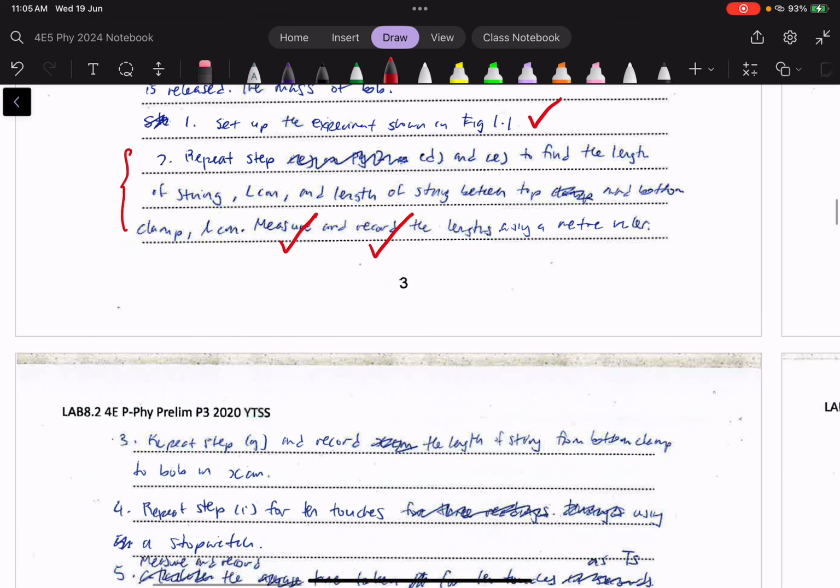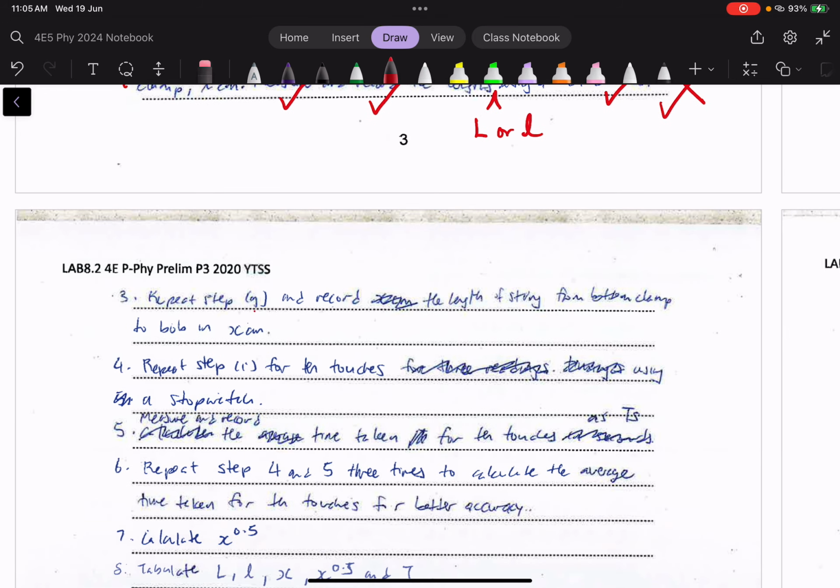Small l or big L? Right, in cm or meter. So unfortunately this one is tick and cross. Repeat certain step. Record, X cannot be recorded, X is calculated, right? X is big L minus small l.